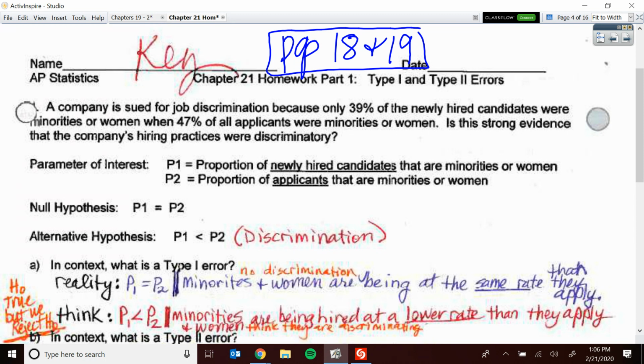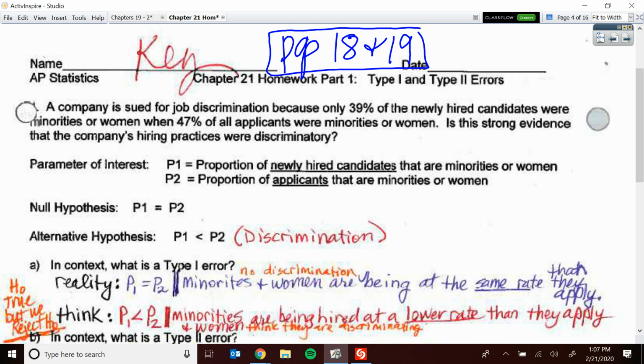So who doesn't like this type 1 error? The company, yeah. So the company wants to really avoid a type 1 error. That means they would want to reduce the probability of a type 1 error.